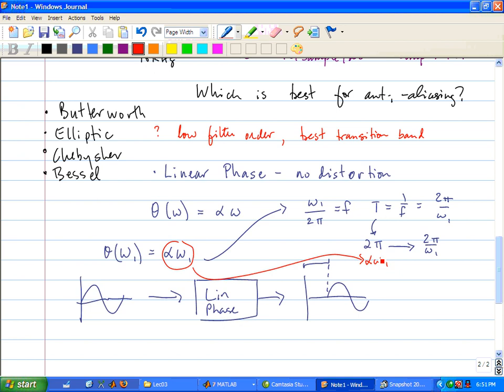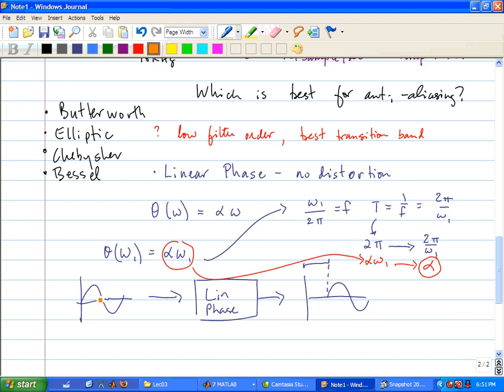If 2 pi radians corresponds to a delay of 2 pi over omega 1 seconds, how much delay does alpha times omega 1 radians correspond to? It's just alpha, right? We cross multiply. So no matter what the frequency is, your signal always gets shifted by a constant amount.